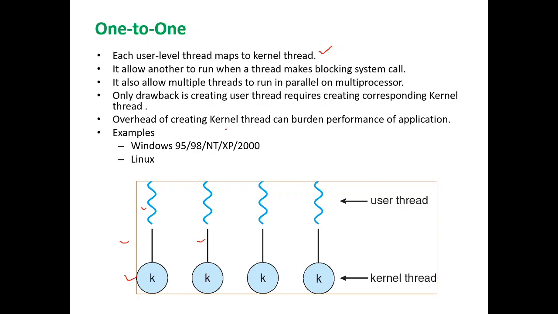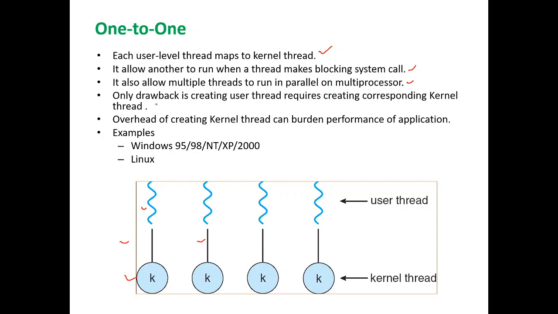So the drawback we have seen in many-to-one is removed here in one-to-one. It also allows multiple threads to run in parallel on a multiprocessor. This is also a drawback we saw in the many-to-one model, which is removed here. Since we have a one-to-one user to kernel thread mapping, multiple threads can run in parallel on a multiprocessor.